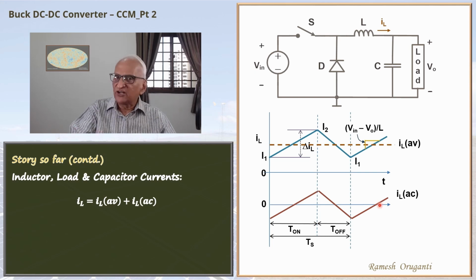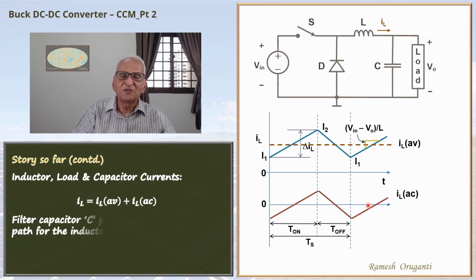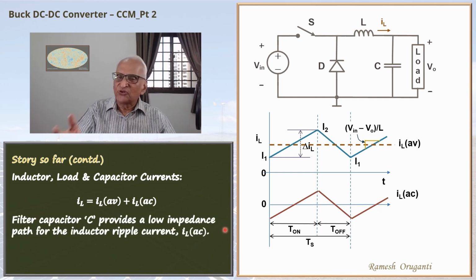The DC current cannot flow through the capacitor. The capacitor will block the DC current under steady state. So the DC current flows through the load. A capacitor presents a low impedance path for the AC ripple current. So for all practical purposes, the AC ripple current flows through the capacitor.